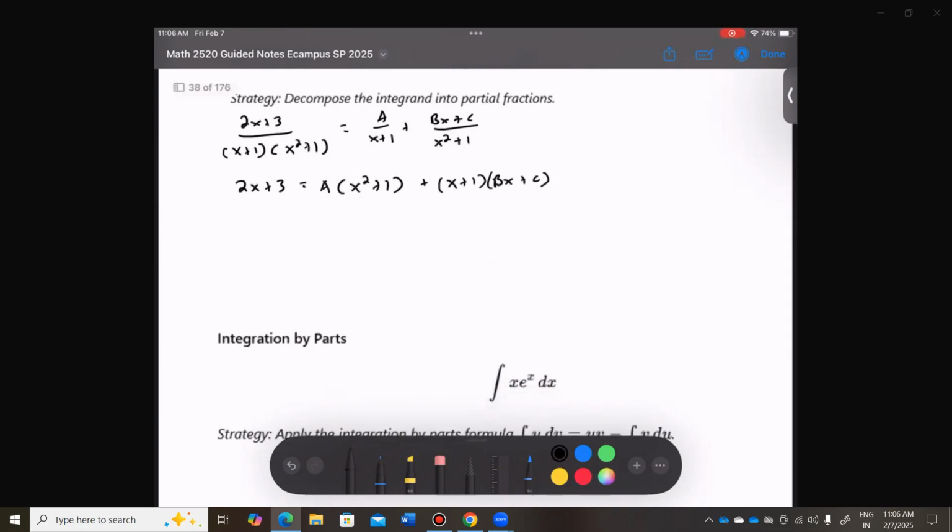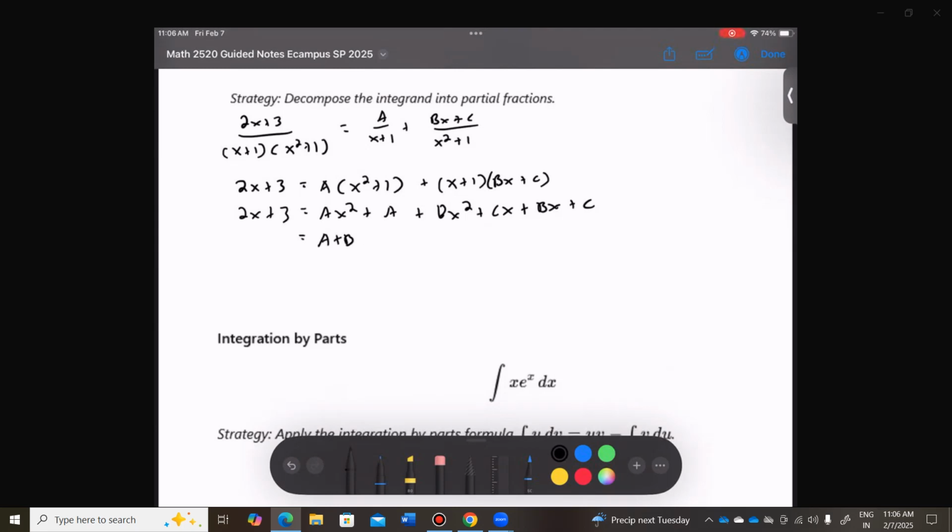Okay, so now we distribute. So ax squared plus a plus bx squared plus cx plus bx plus c. And then we can kind of put like terms together.